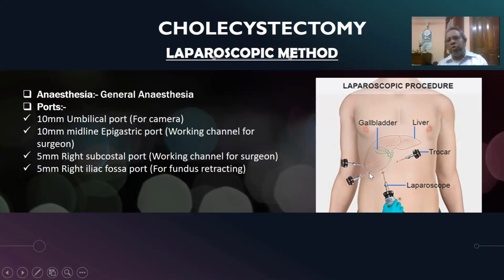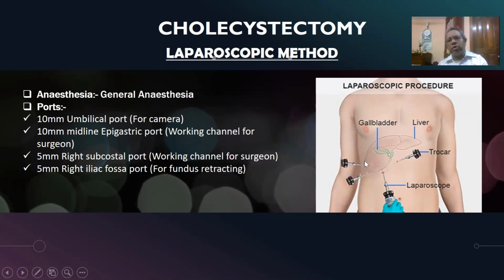That means in that port, the forceps is placed, holds the fundus and retracts the gallbladder up, so you can easily delineate the Calot's triangle. For that reason, the fundus is held up by the right iliac fossa port. The dissection, cutting, and clipping are all done by the two ports. The epigastric port and the hypochondriac port are the working ports.